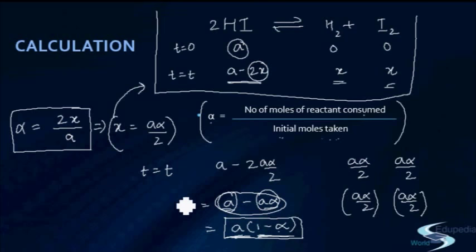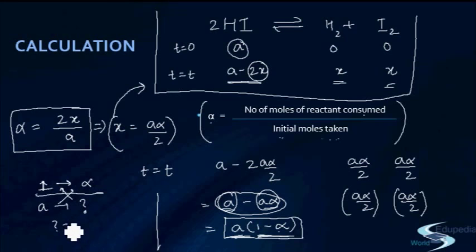You can also analyze this from the unitary method: alpha is defined with respect to 1. So out of 1 mole of reactant, alpha has been consumed. So out of A moles, how much reactant will be consumed? Simply cross multiply. So we get that the amount of reactant consumed is going to be A into alpha.